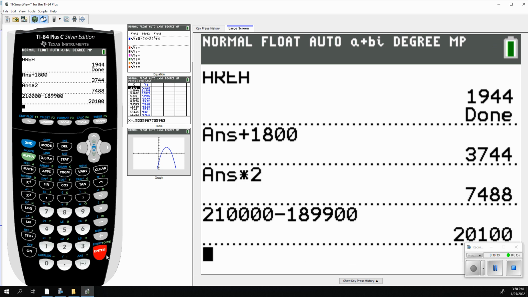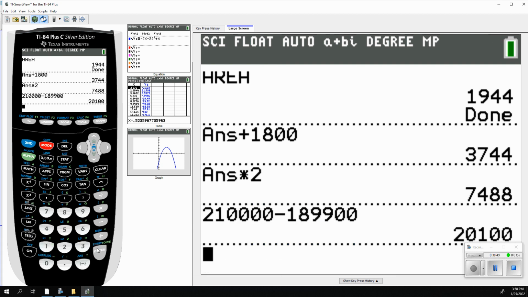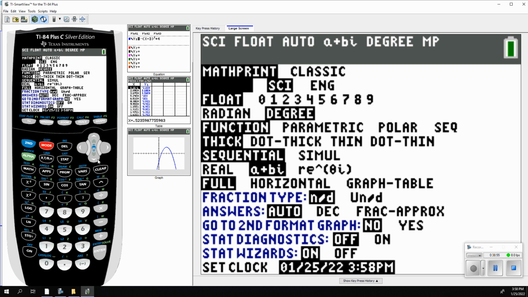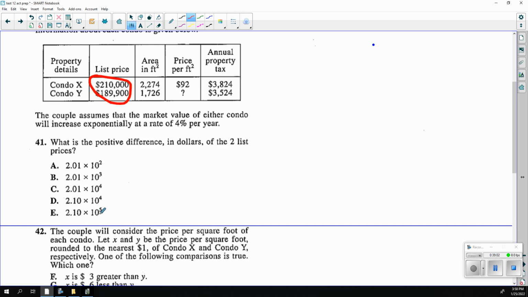That would be 2.01 times 10 to the fourth. You could actually turn it into scientific, but I do not like doing that because I would get out immediately. I would switch it back, but scientific would give us the answer of 2.01 times 10 to the fourth.